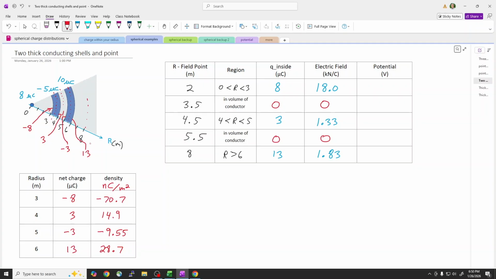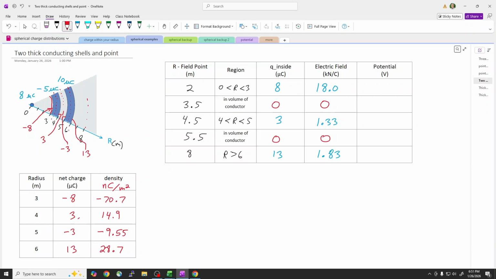So starting from the inside out, right, if we have 8 microcoulombs at the origin, we have to negate that at the first inner surface, -8, at 3 meters. At 4 meters, at the outer surface, we have to have the net up to that point. 8 minus 5 is 3. The next inner surface, we negate that 3 with -3.